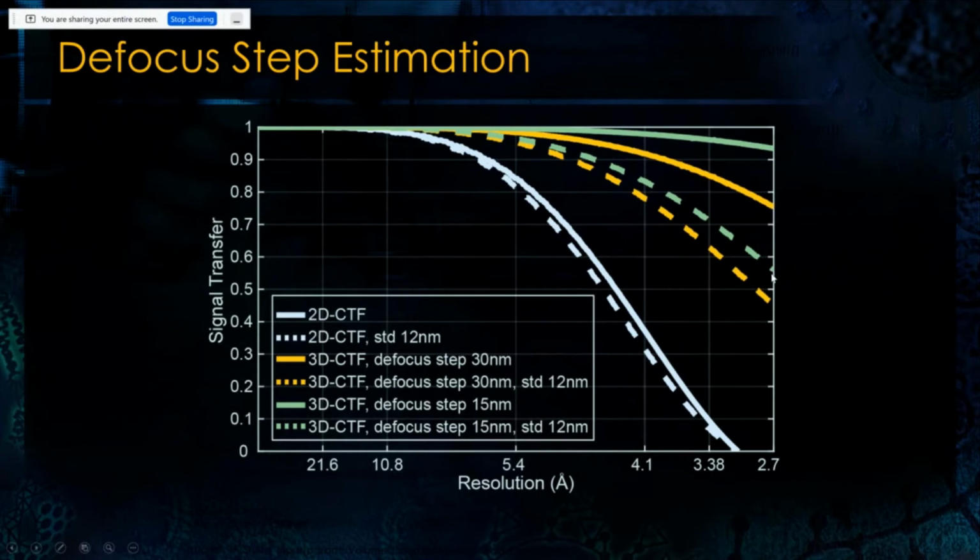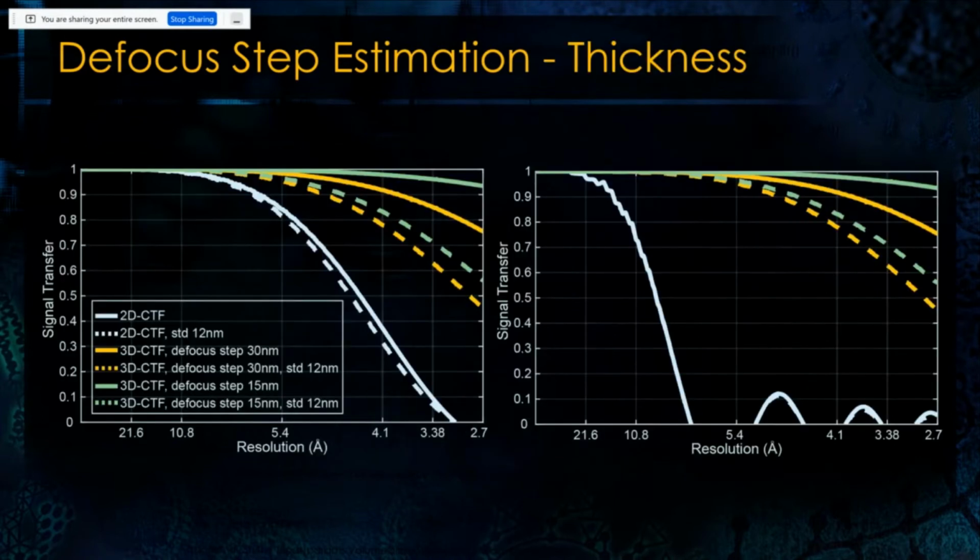We find that if you want more than 50% of the signal transfer available at the Nyquist, which was 2.7, we should go with this 15 nanometer step. Going even lower, like 10 or 5, would most likely not yield that much. So we settled on 15, which resulted in roughly 33 slabs, so 33 tilt series instead of 1 per tomogram.